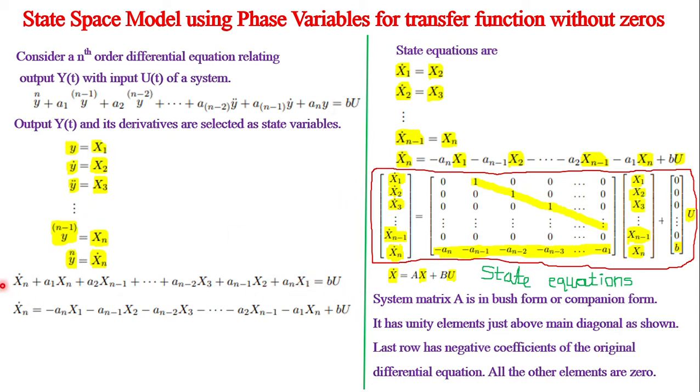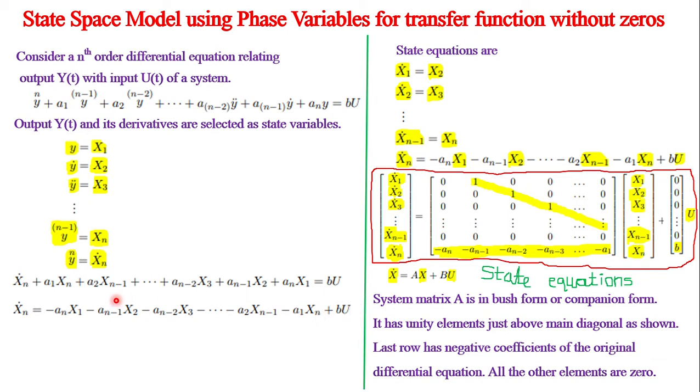So if you rearrange this properly in such a way that all the state variables are written on the right hand side along with the input, and only the derivative of the state is on the left hand side, then xn dot is minus an x1 minus an minus 1 x2 minus an minus 2 x3 minus etc. minus a2 xn minus 1 minus a1 xn plus bu.